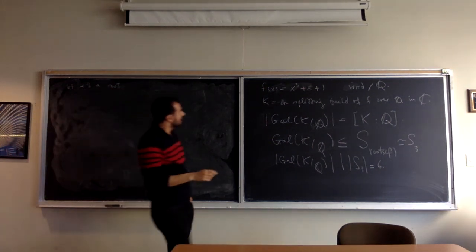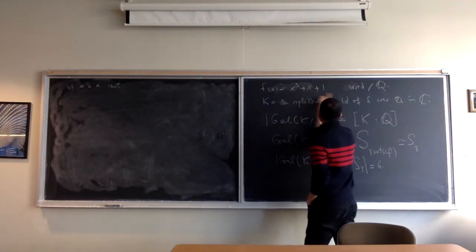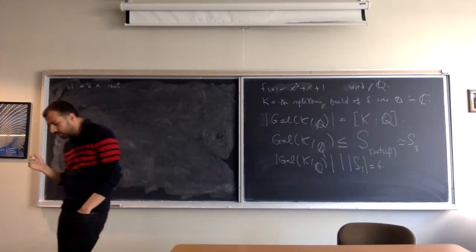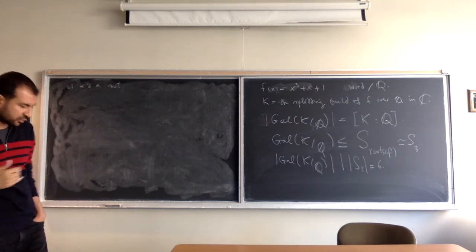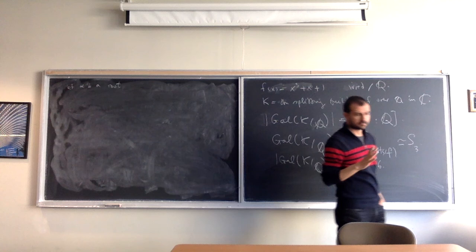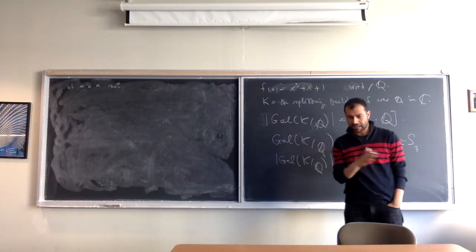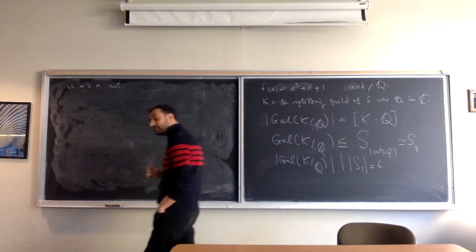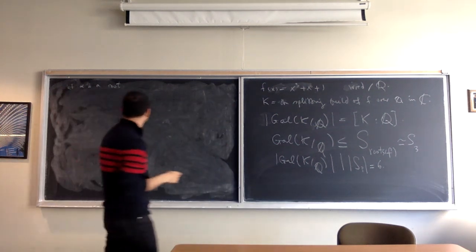By the way, this is a degree 3 polynomial with coefficients in Q. From calculus, any polynomial of odd degree with coefficients in the real numbers will have a real root, because as x goes to plus or minus infinity, on one side it goes to minus infinity and on the other side to plus infinity.